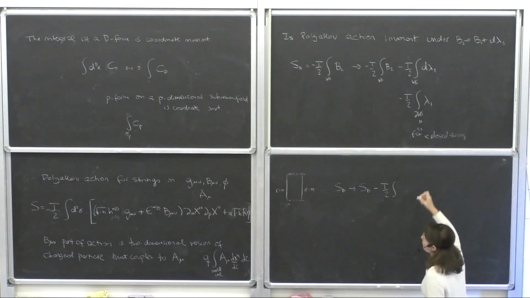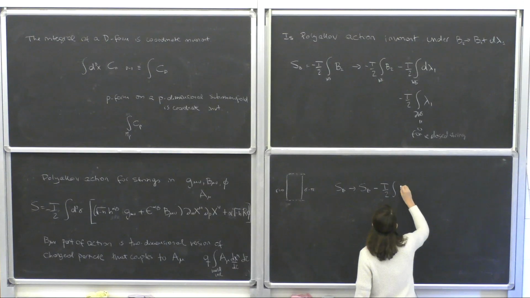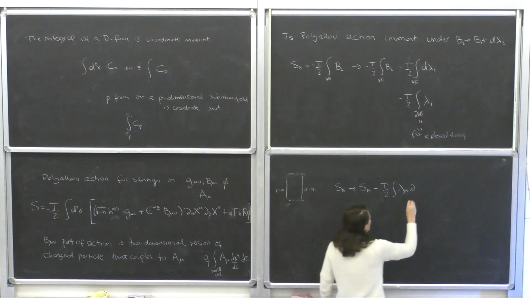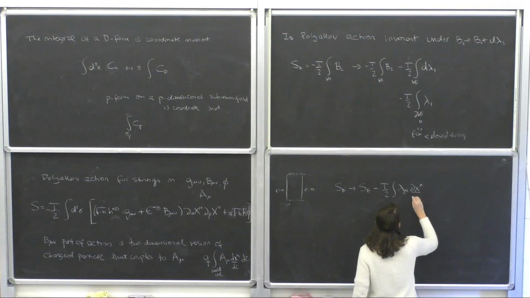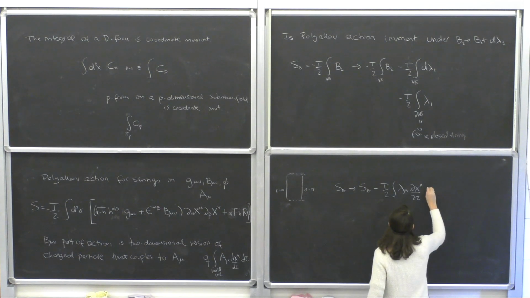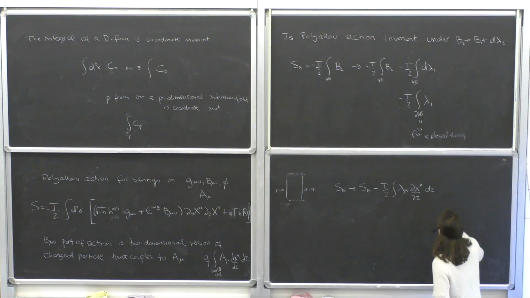Now let's write that explicitly. So that means a derivative. So that means lambda mu dx mu d tau. So the integral over d tau, and this at sigma equals pi minus at sigma equals 0.